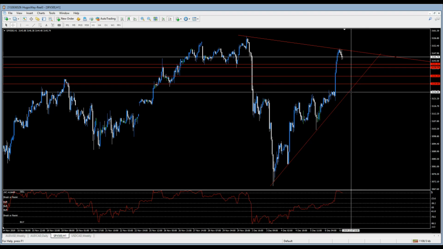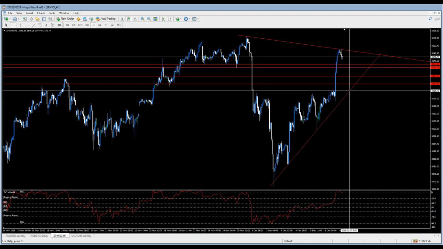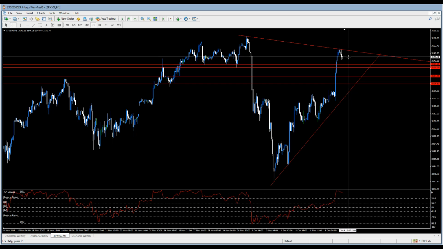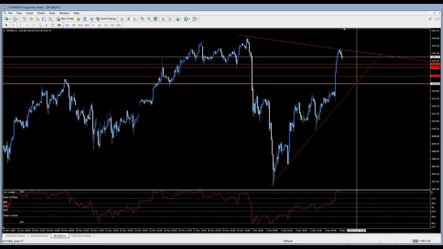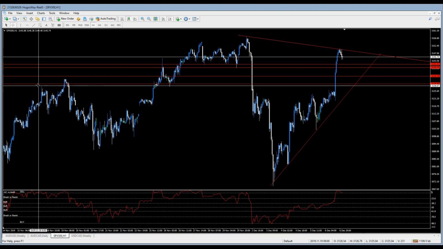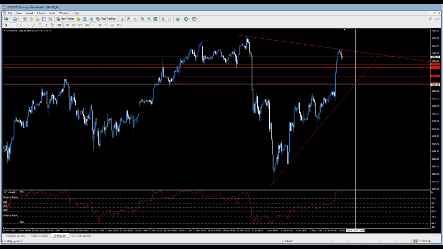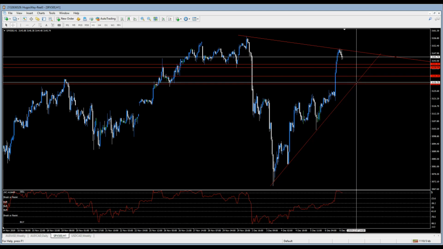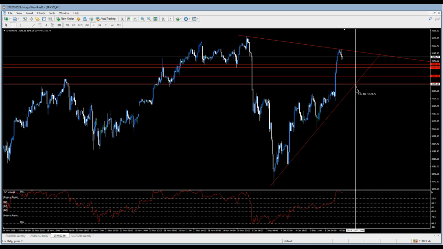So you can have pending orders, or you could just let it run. It's up to you. You can have pending orders on the downside, right? And then when price hits this area, we have some resistance at the trend line. So I would probably want to see this go up when they hit this trend line. If there is a break, we would see the break and then the retest.